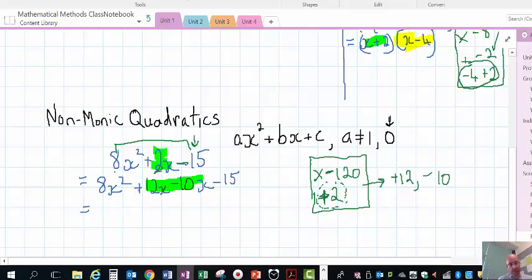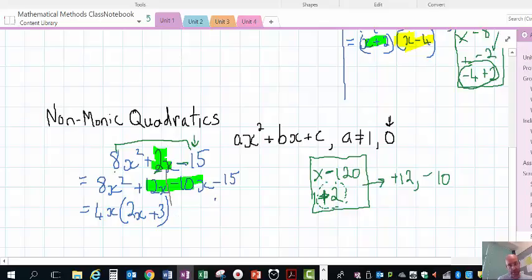So we put our partition down and we look at the first two terms, we factorise them, and we take the highest common factor out the front, which will be 4x. 8x squared divided by 4x is 2x. 12x divided by 4x is 3. So hopefully we can find another 2x plus 3 in brackets coming up.